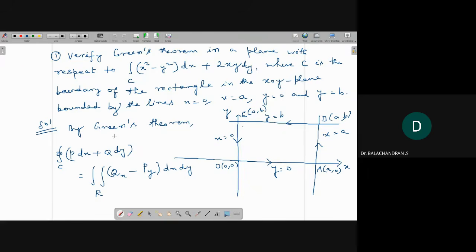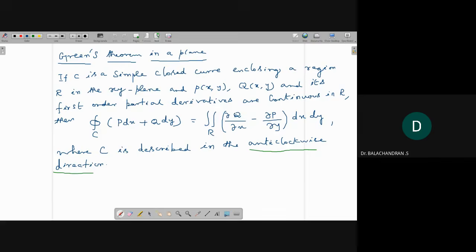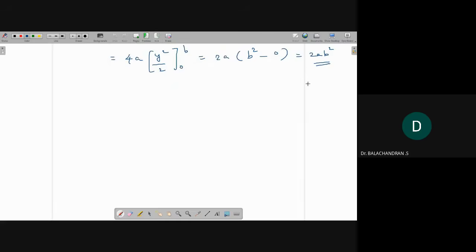By using Green's theorem, the left hand side integral is equal to the right hand side, so only the right hand side is enough. We can stop here, because we are using Green's theorem. Suppose they ask to verify, then you should find the left hand side as well as the right hand side, and prove both of them are equal.